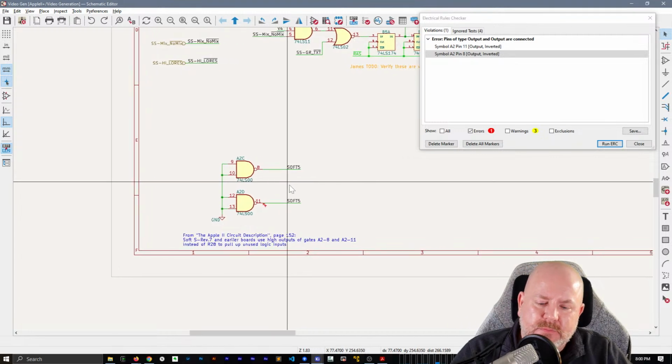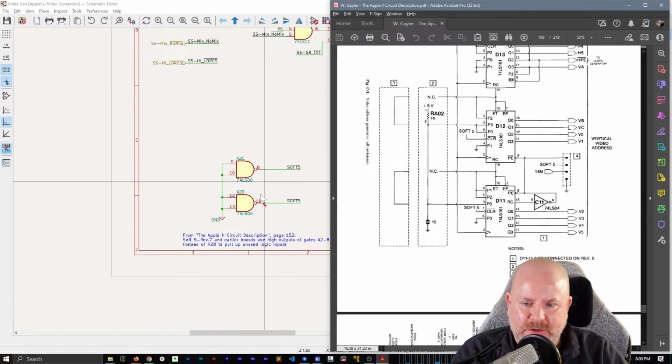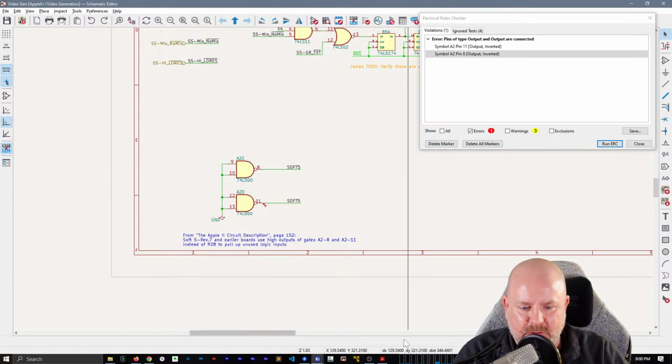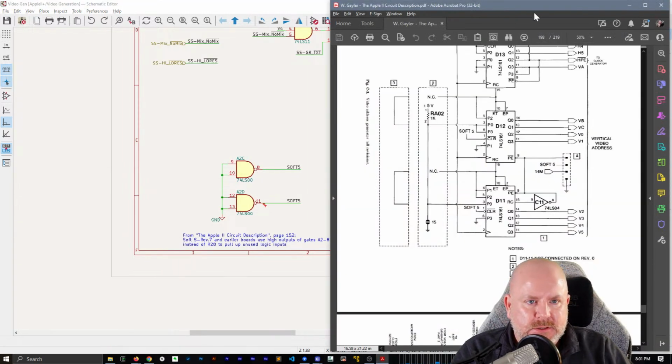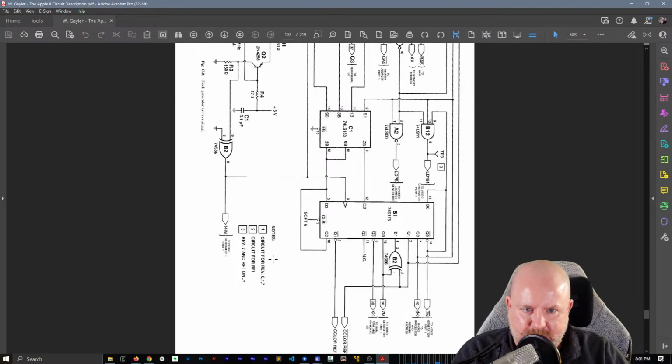Well, my problem with just making these open or open collector is that that's not how they are in the schematic. So I would rather just ignore the ERC error.